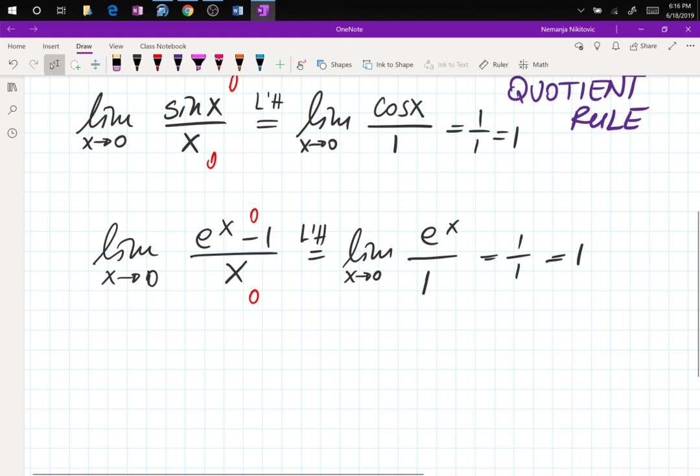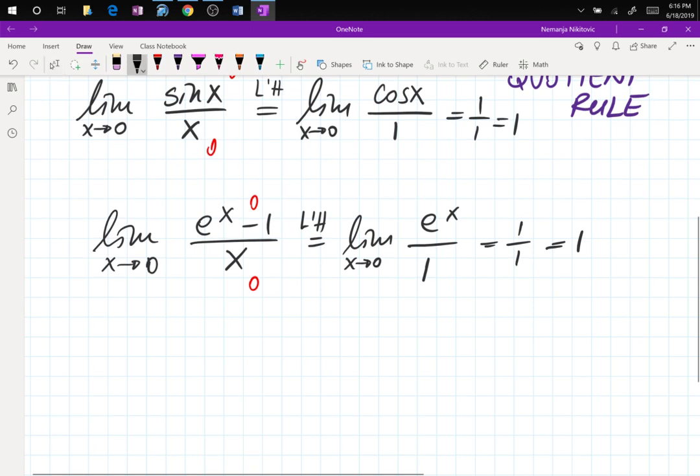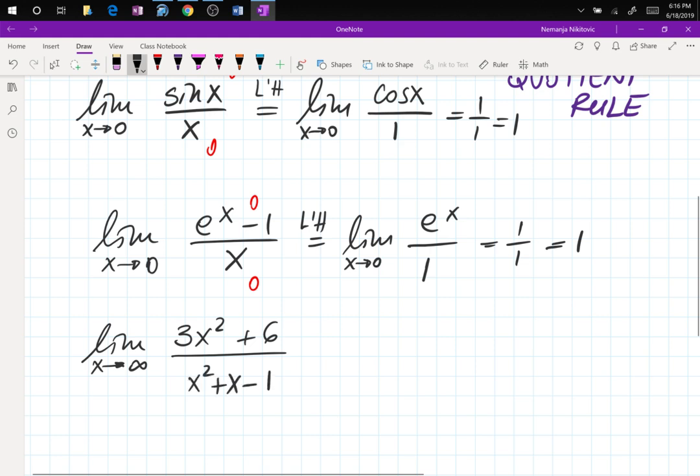So let's take a look at one of the infinity problems. You can have limit x goes to infinity of 3x squared plus 6 divided by x squared plus x minus 1. Now you should know how to solve this problem using chapter 2.